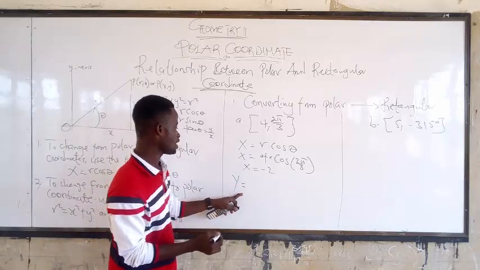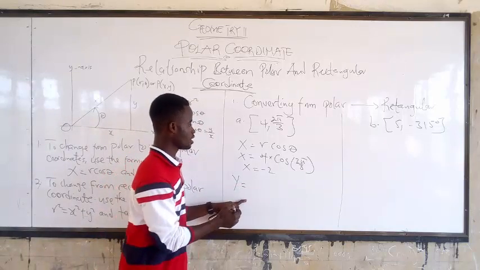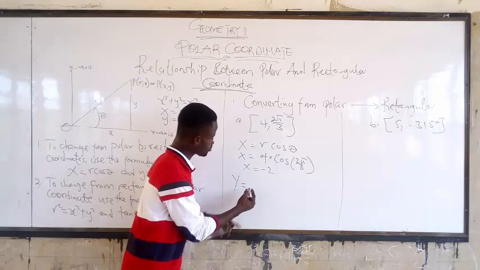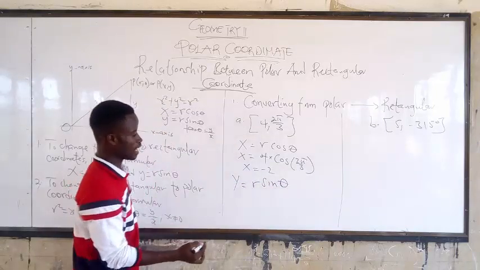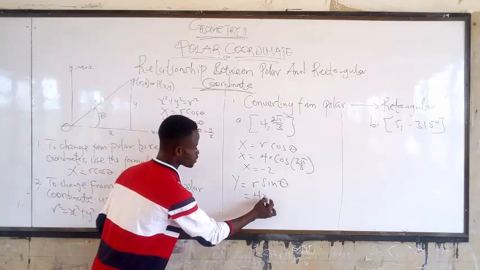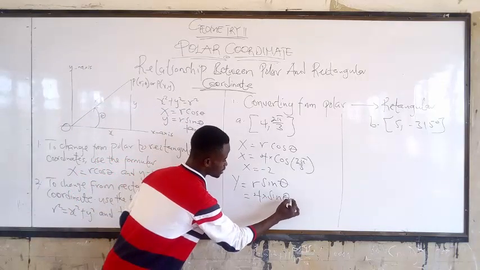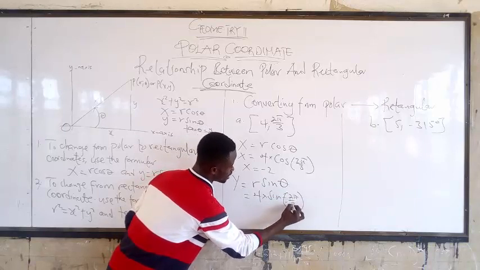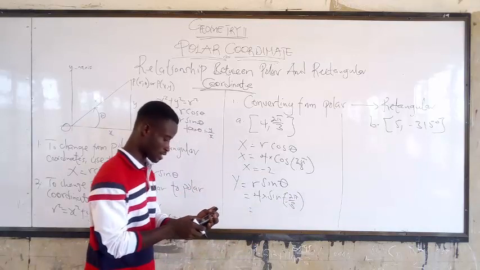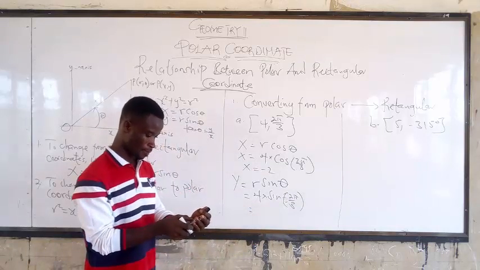To get a y, you have to do r sin theta. So you know r is 4 times sin theta, and theta is 2 pi over 3. So that is that. So just change the cos to sine.